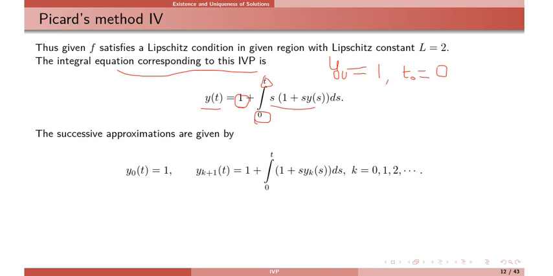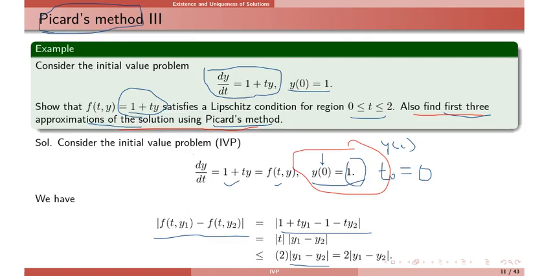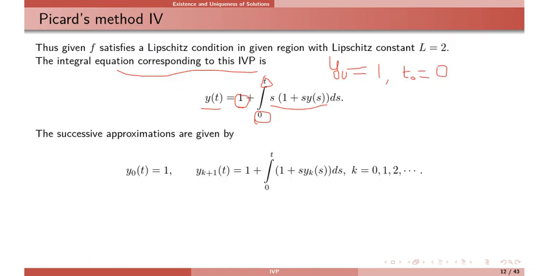The function is f(t,y). So what is f(t,y)? This is 1 plus ty. Okay, so this s is extra here, by mistake this is done. So what is the function? 1 plus t, replace t with s.